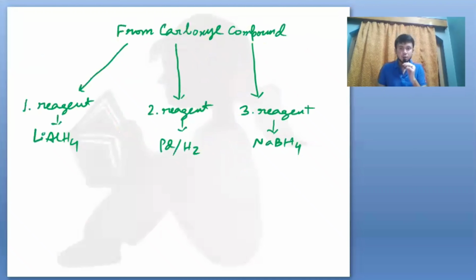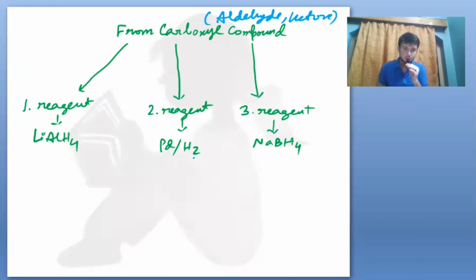Next is from carbonyl compounds. Now what is a carbonyl compound? Carbonyl compounds are aldehyde and ketone. Okay, so this is our carbonyl compound. Now the first reaction is with LiAlH4, and the second is Pd/H2, then NaBH4. Now here is a slight distinction.